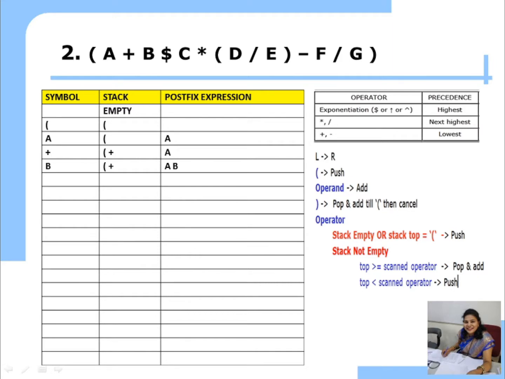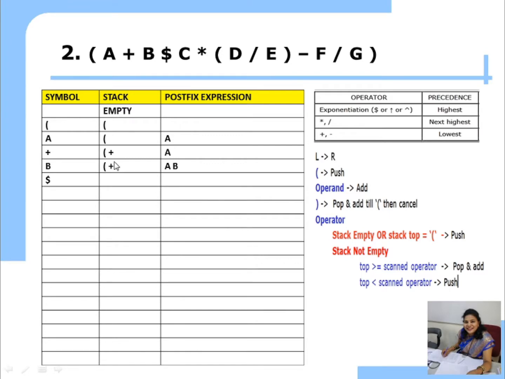After B there is a dollar sign. Dollar is an operator. You can see here the dollar has the highest priority. So when an operator is encountered and your stack is not empty, then you are going to check the precedence of the operator which is at top. So whatever is present on the stack, you are going to compare it.